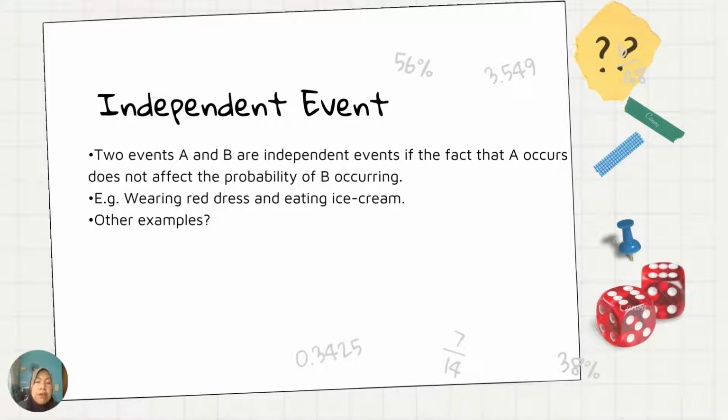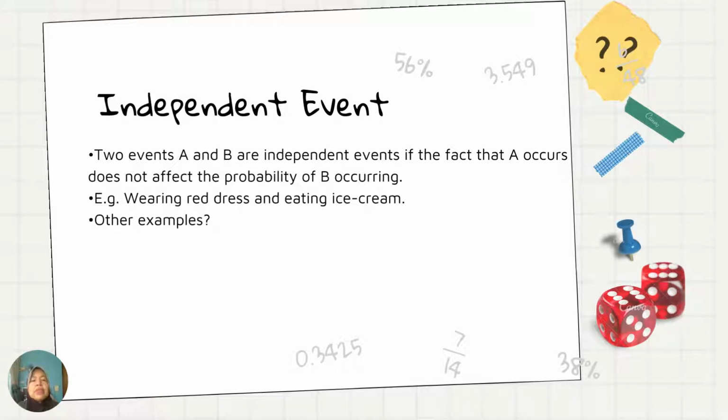For example, you wearing a red dress and eating ice cream. Another example, you are fasting on Monday and you are having class. They can happen independently, there is no influence at all. Or fasting and wearing a black dress, it does not influence it either. It is hard for each event to influence the other.